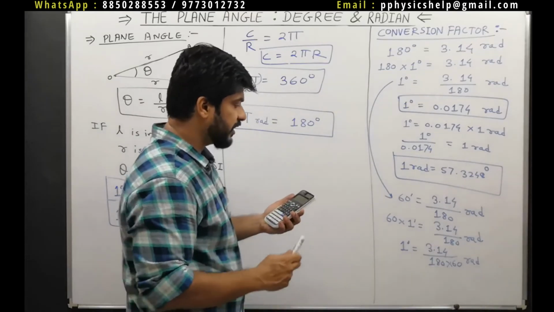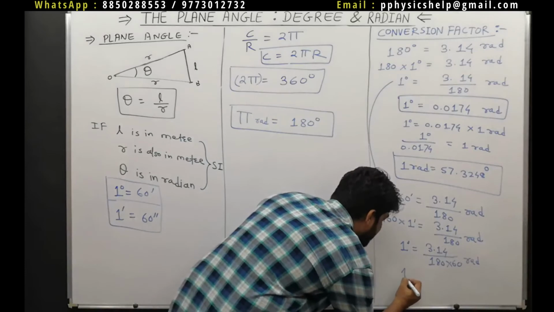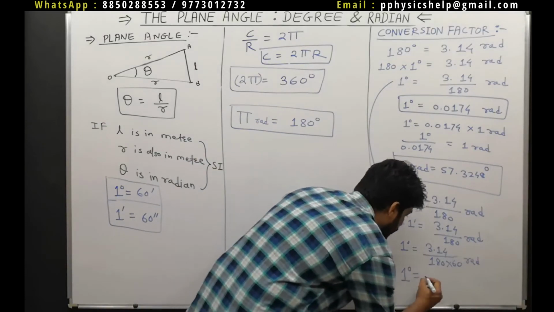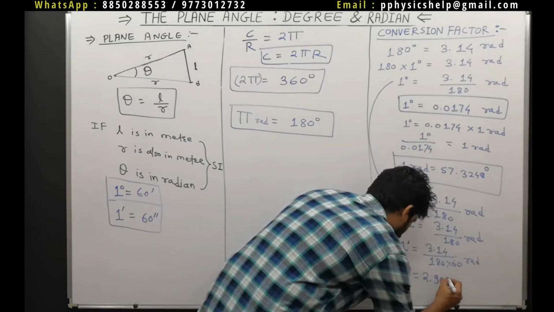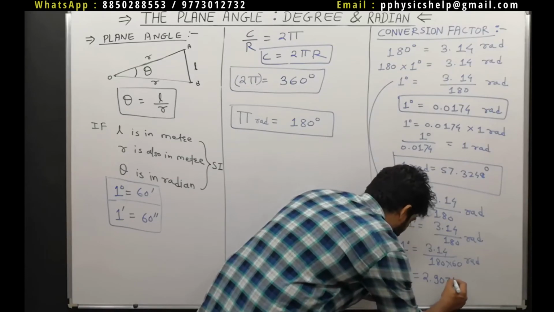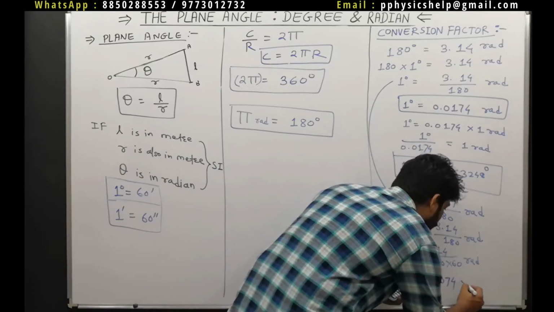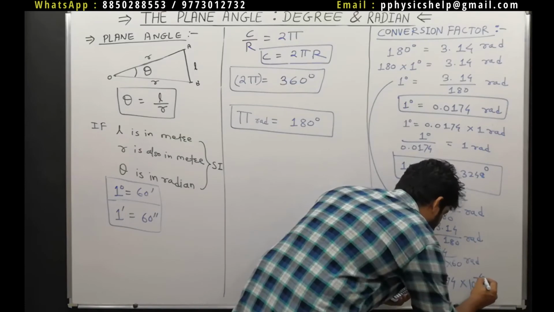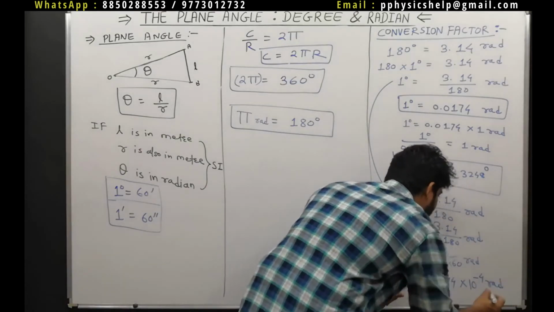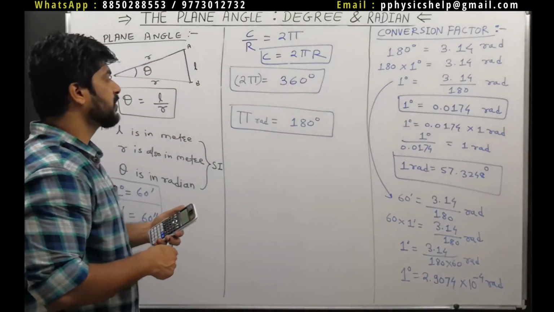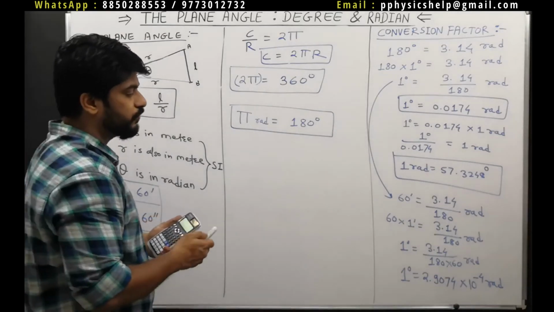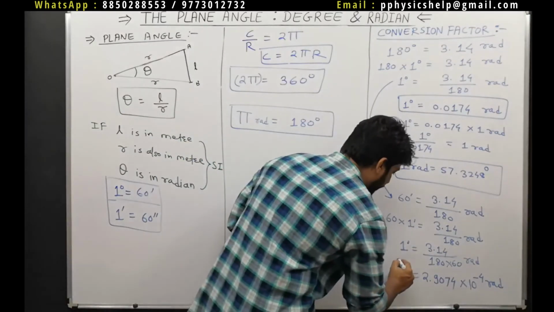So the number I get is this one: 1 minute is equal to 2.9074 into 10 raised to minus 4 radian. So we have got this conversion factor.